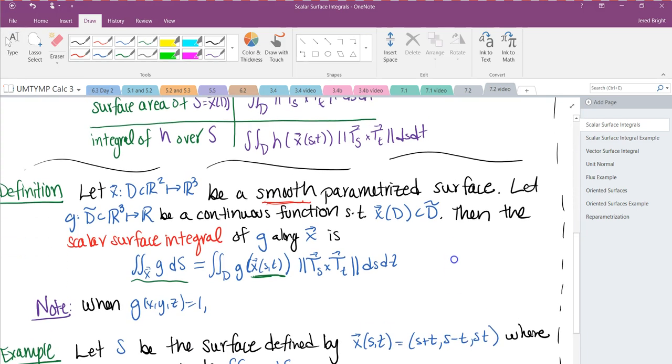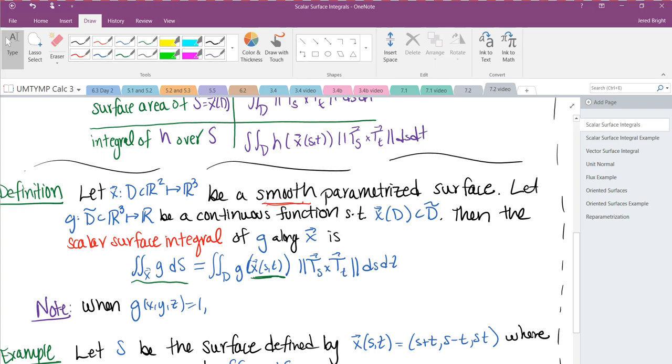Okay, and then just note, when g of x, y, z, that continuous function, is just 1, well, what happens? If this whole thing is just 1, then we could omit that and just say it's the length of Ts cross Tt, and we recognize that as just the surface area from last time. Okay, so kind of a neat little connection. So just be aware of that.